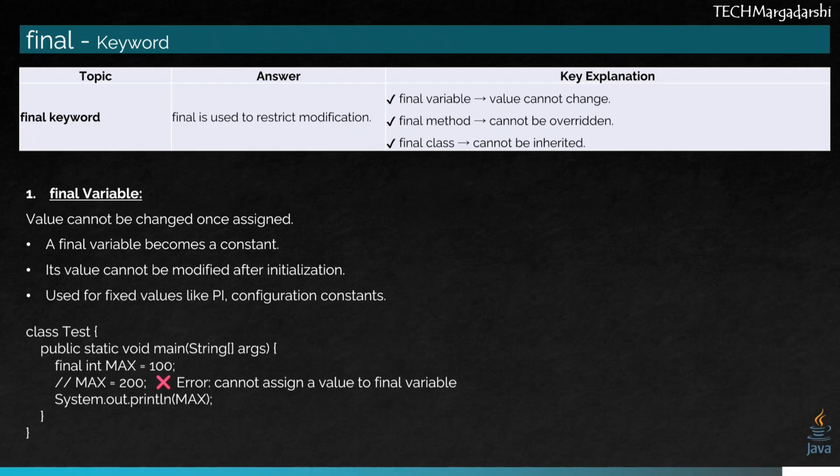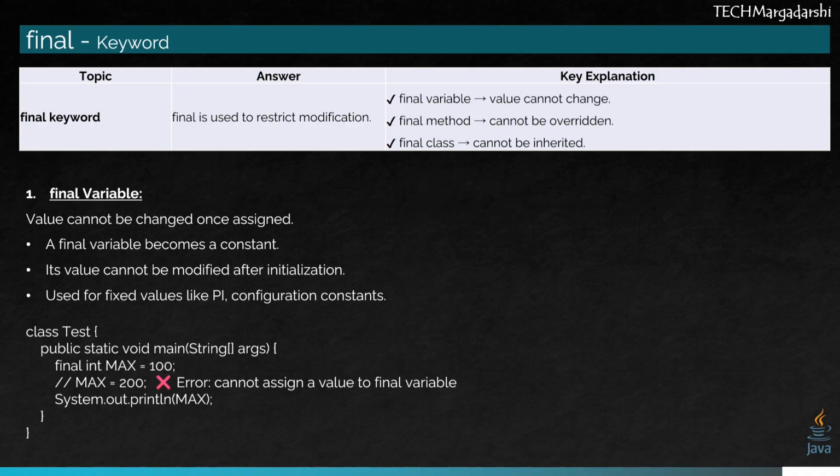Now, let's understand the final keyword in Java. The final keyword is used to restrict modification in our program. When we declare a final variable, its value cannot be changed once it is assigned. It behaves like a constant and is commonly used for fixed values such as configuration settings or limits.